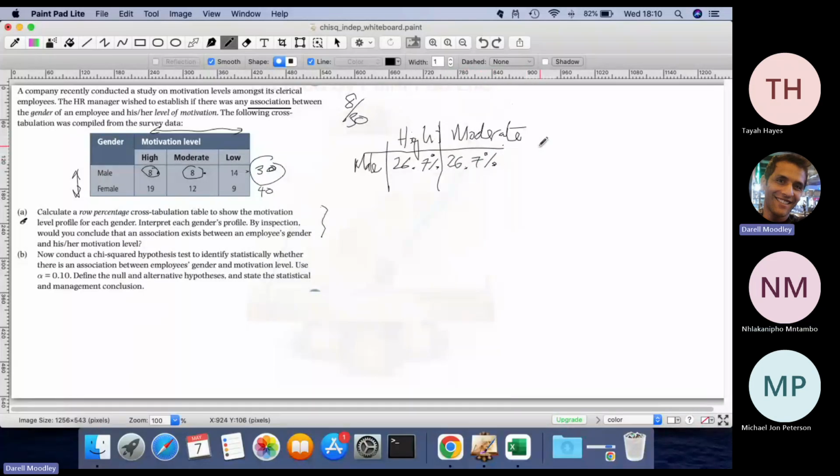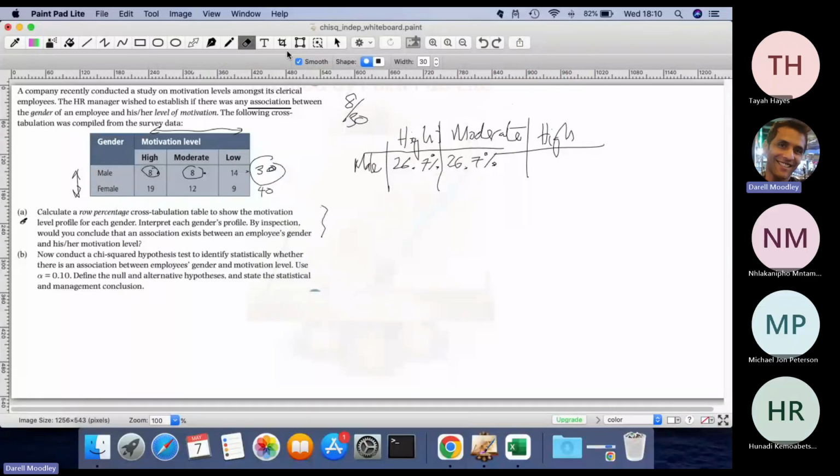All right. And then lastly, highly motivated. Oh, no, not high. Low, my bad. That percentage is 46.7. Let's do the same thing for females.